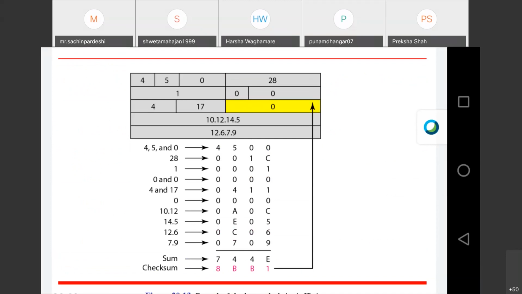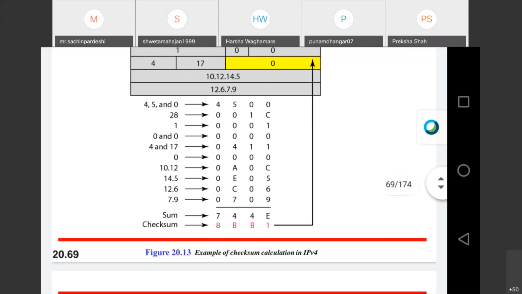You have to take the addition and then take the complement. The summation of all the 16-bit section values is computed, the complement is taken, and you get the checksum value. This checksum value is added into the checksum field for error detection.